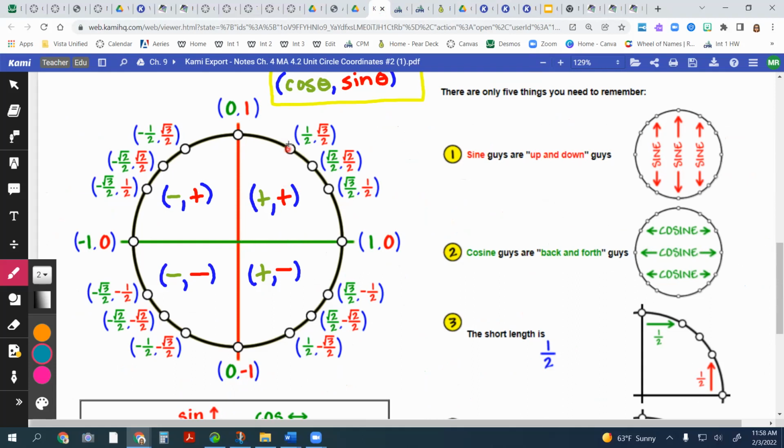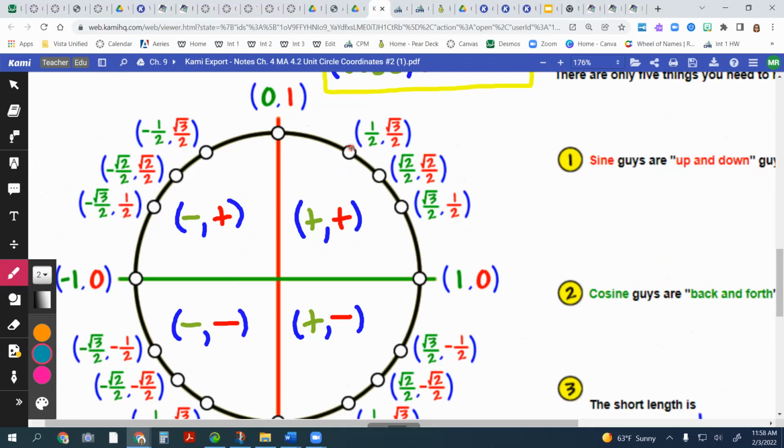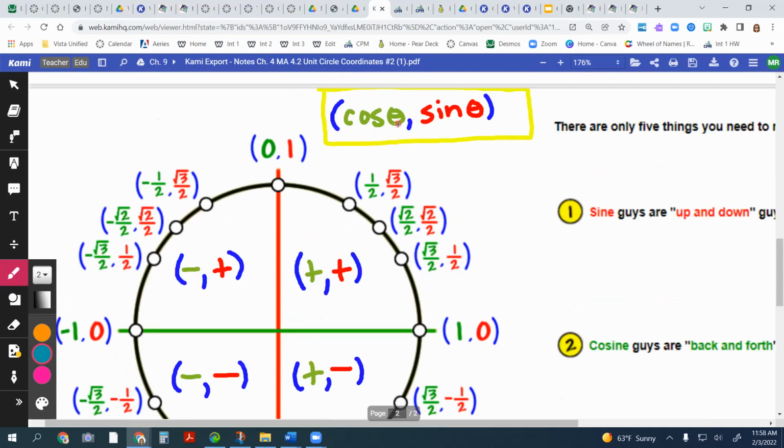Cosine, sine. So if I wanted to get up to this point right here, which would be my 60 degrees, that would be 1/2 comma √3/2. The 1/2 would be my cosine, the √3/2 would be my sine. I remember it alphabetical, just like x, y. X comma y, alphabetical, x comes before y, cosine comes before sine.